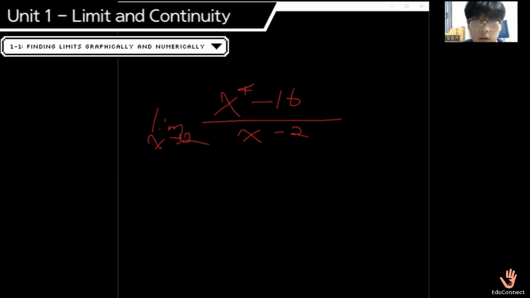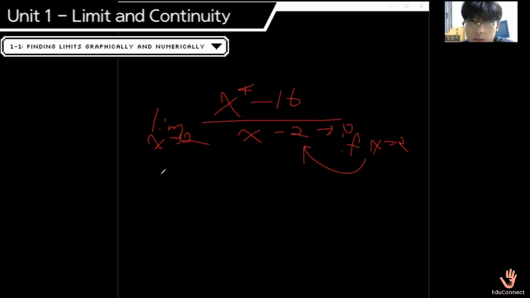Now, once again, we're going to find the limit because if I were to try to evaluate this function at x equals 2, I would get a 0 in the denominator. So we want to find the value of the function as we get really, really close to x equal to 2.